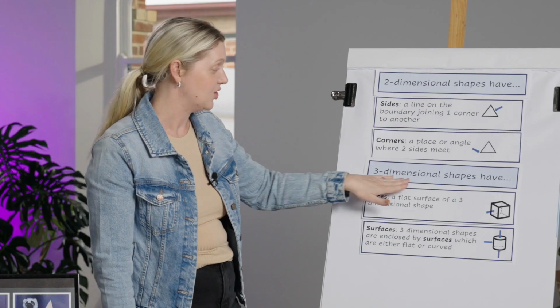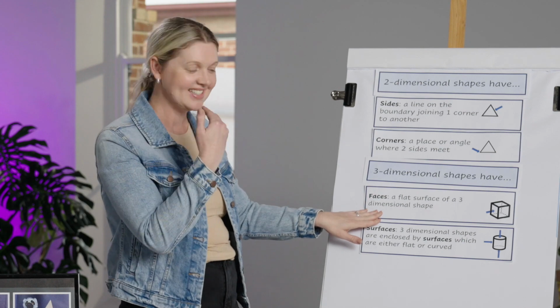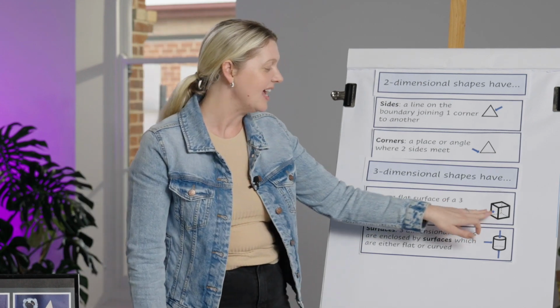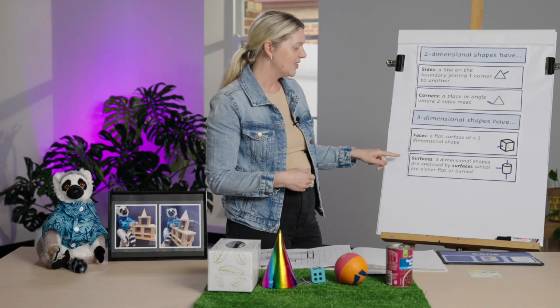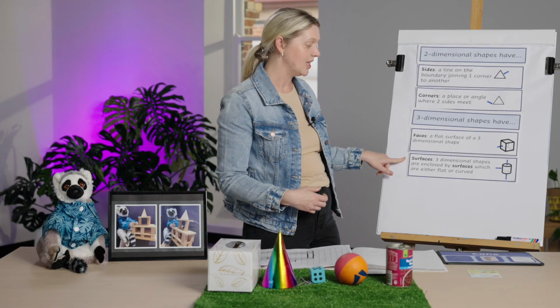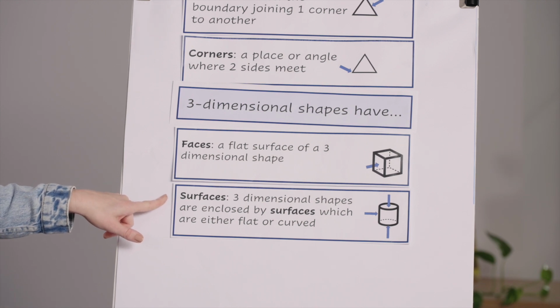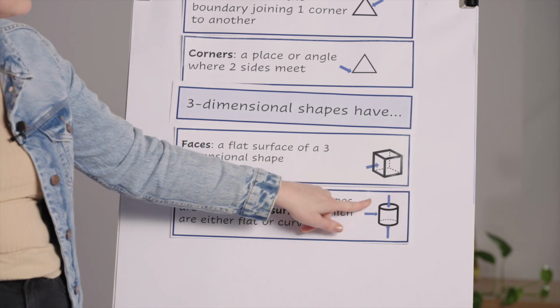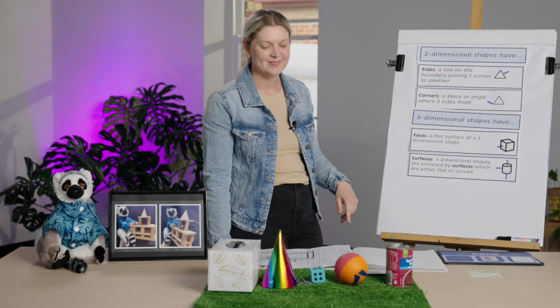Now, 3-dimensional shapes have faces. A face is a flat surface of a 3-dimensional shape, like here. 3-dimensional shapes are enclosed by surfaces, which are either flat or curved. So on our cylinder we can see flat surfaces and a curved surface.